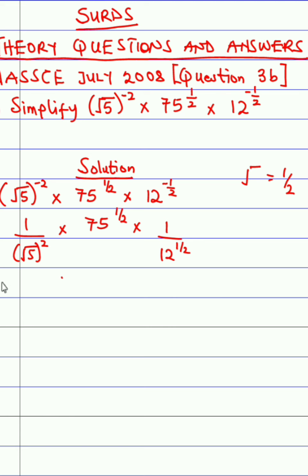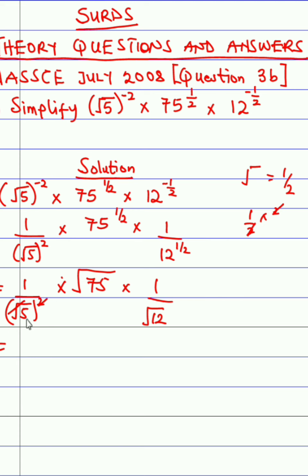This gives us 1 over root 5 all squared times square root of 75, multiplying, and over here we have a half, which is equivalent to a square root, so we have 1 over the square root of 12. Now this squared can cancel the square root, because a square root is equivalent to half. If we have half multiplying 2, these two cancel and we are left with only power 1. So these two can cancel the square root and we are left with 1 over 5.